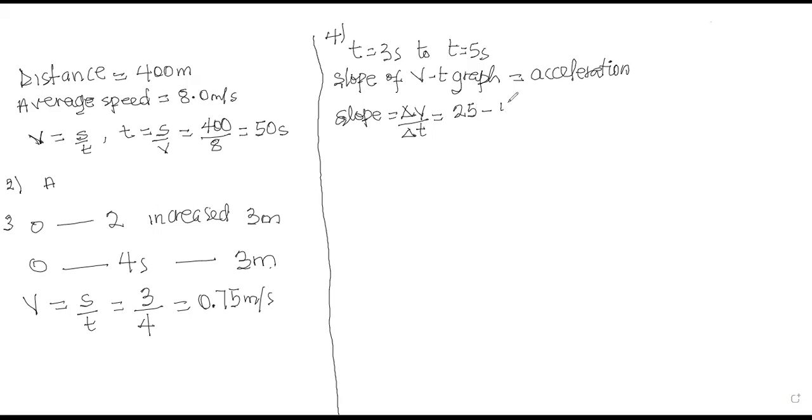So 25 minus 10 divided by the change in time, and the change in time is 5 minus 3, which is 2. So we have 15 divided by 2, which gives us 7.5 meters per second squared. So this is the slope or the acceleration within the time interval 3 to 5 seconds.